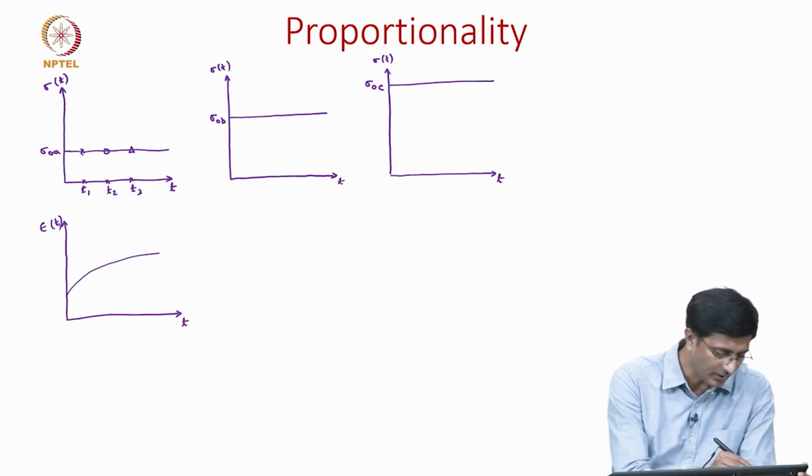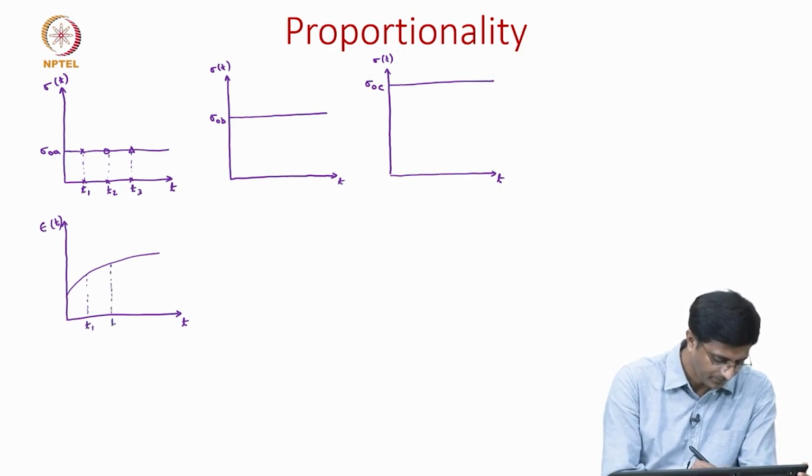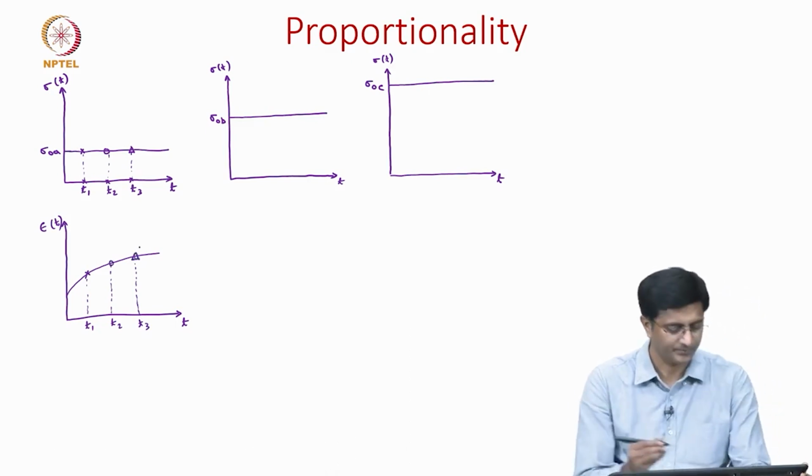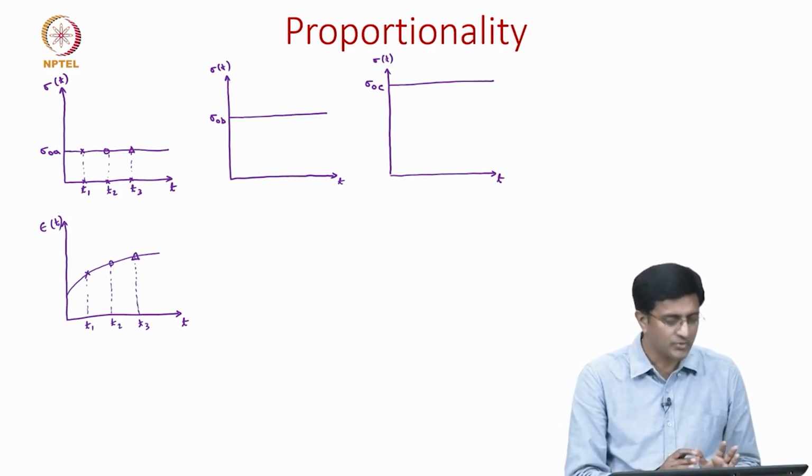So and then the corresponding times, let us also look what is the strains. So this will be at time t1 and this will be at time t2 and time t3. So again the same notation. Okay. So this is the response we observed from the first experiment where the loading is relatively low.